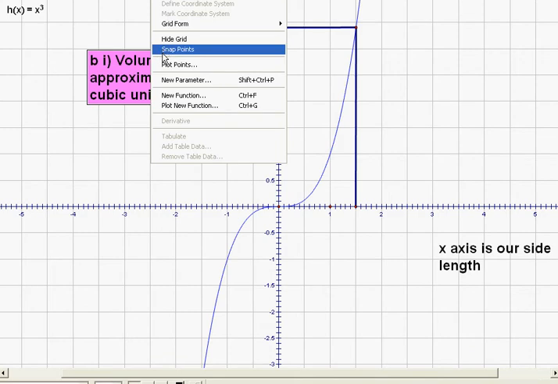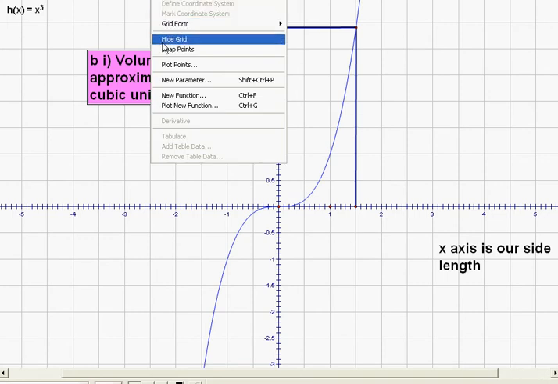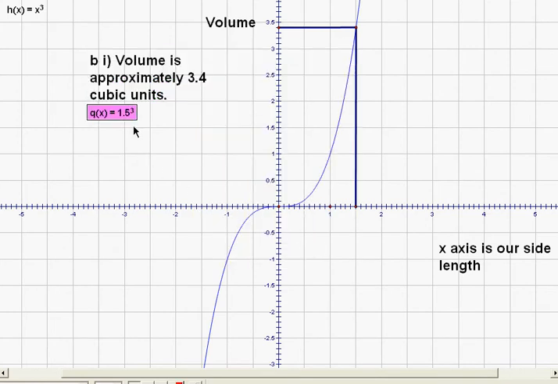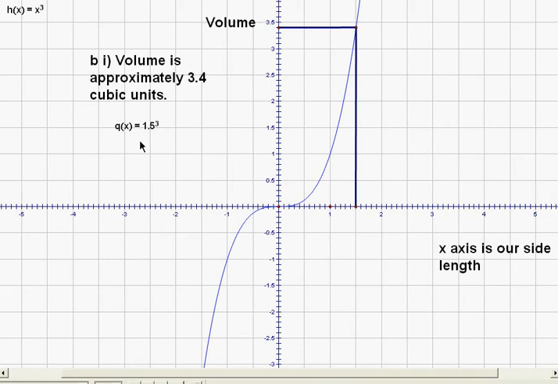Let's go ahead and do a calculation. So if we go 1.5 cubed, let me do it on the calculator here. 1.5 to the third power.